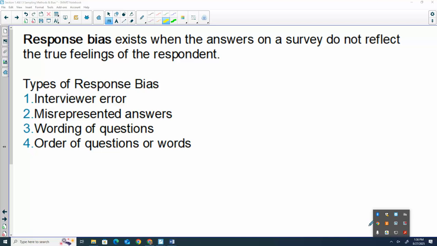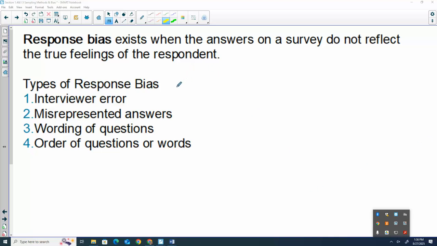Have you ever had those questions where it's like strongly agree, agree, neutral, disagree, strongly disagree, and you fill the first few out and then 50 questions later you're like, whatever, I don't care anymore, everything's neutral. That can be an issue. If it's a really long survey, the longer it goes on, people are less likely to take the time to read it. So those are all things, they answered it, but those answers may not really mean anything.